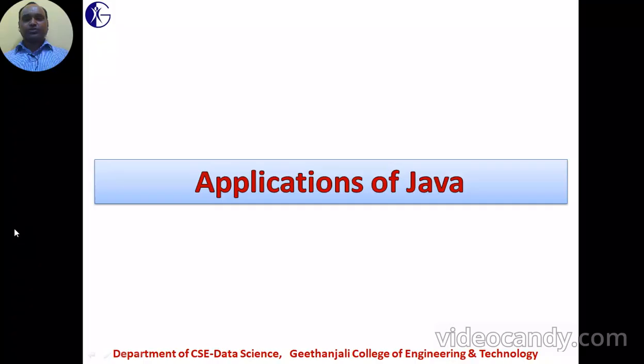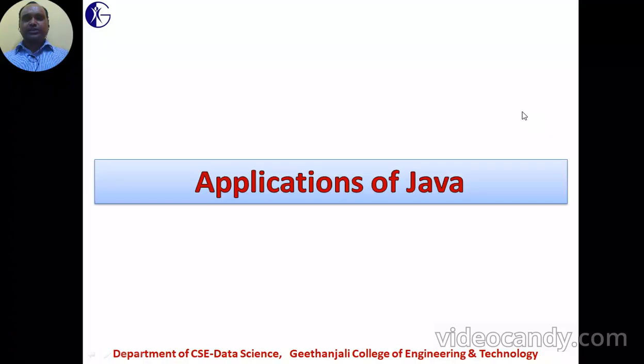So J2SE, J2EE, J2ME. J2ME is the initial Java, that is Java Micro Edition, which is used to program electronic devices. And Java SE, Standard Edition, is used to develop individual desktop applications, meaning standalone applications, the applications which can run on one computer system.